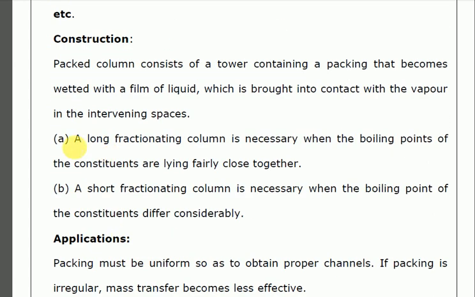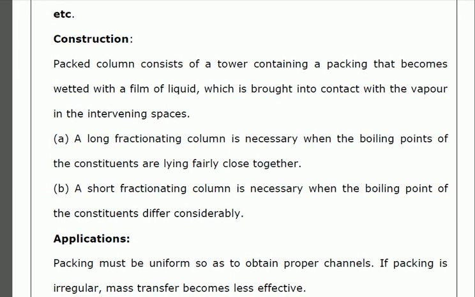Now, a long fractionating column is necessary when the boiling points of the constituents lie fairly close to each other. A short fractionating column is necessary when the boiling points of the constituents differ considerably.